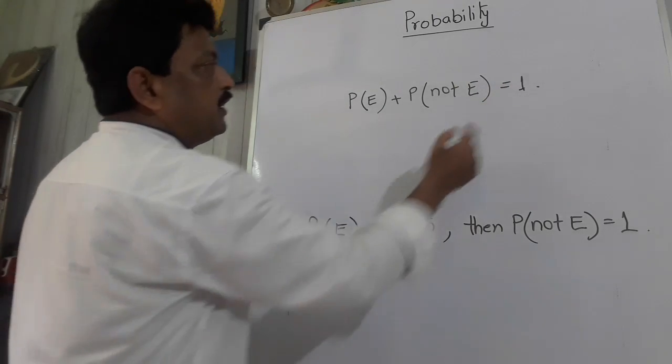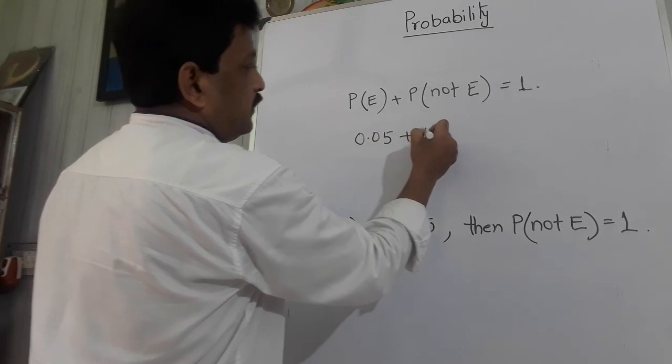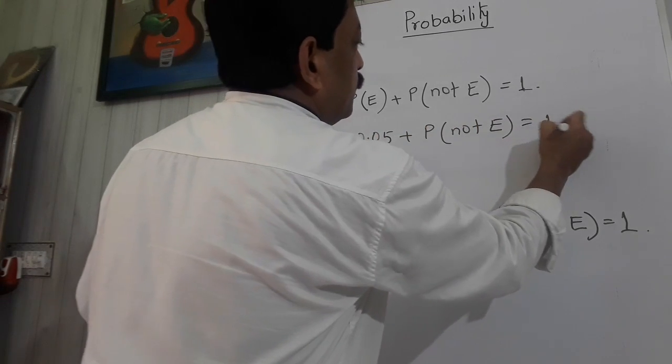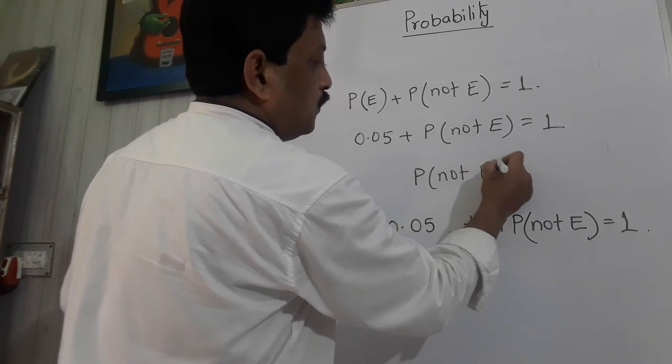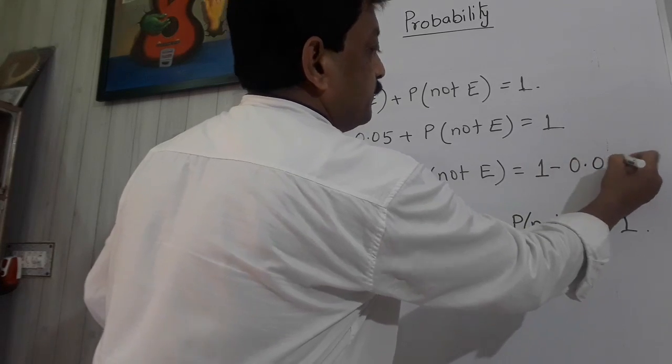So if P(E) is 0.05, then P(not E) will be 1 minus 0.05.